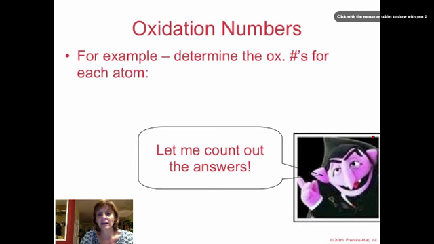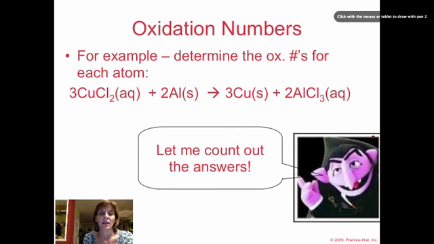Now let's try it in a reaction. All right, so let's start with the elements. Aluminum is going to have a charge of 0 because it's in its solid elemental form, as does copper. Copper chloride is a compound, and those are ions. Chloride we can count on being -1.